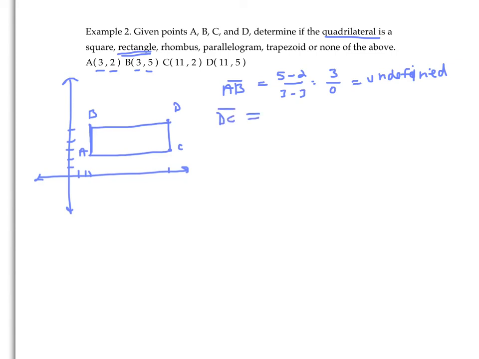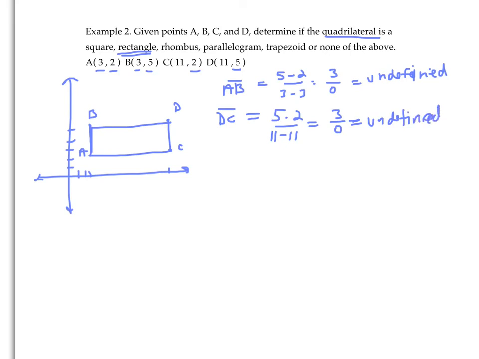So for the slope of line segment DC, we're going to do 5 minus 2. We're going to divide it by 11 minus 11. 5 minus 2 is 3, and we're dividing it by 0. And again, that is undefined.